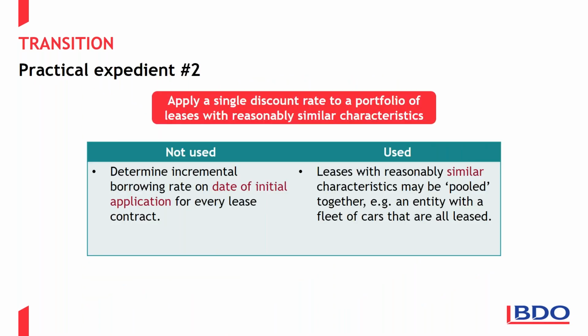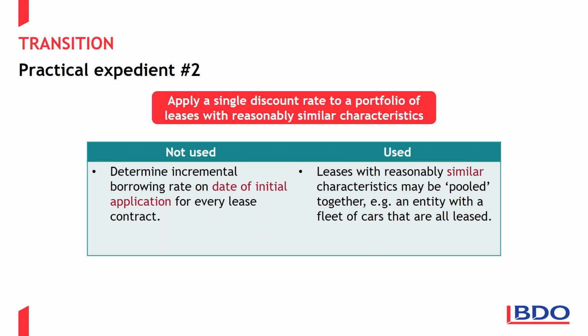So practical expedient number 2 is we apply a single discount rate to a portfolio of leases with reasonably similar characteristics. So if it's not used, what will you do? You'll determine an incremental borrowing rate on date of initial application for every lease contract. However, you could say, I'm going to use a single discount rate to a portfolio of leases with similar characteristics.